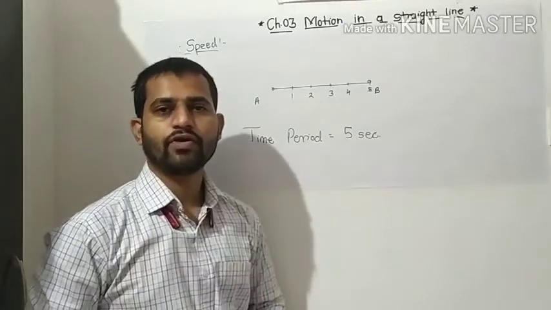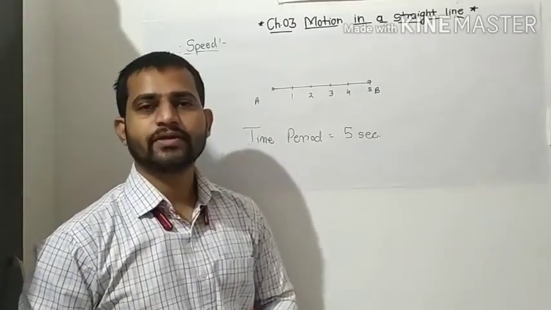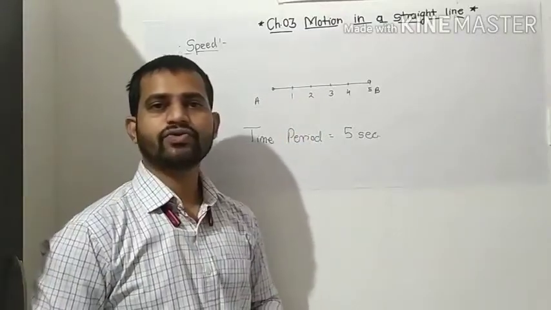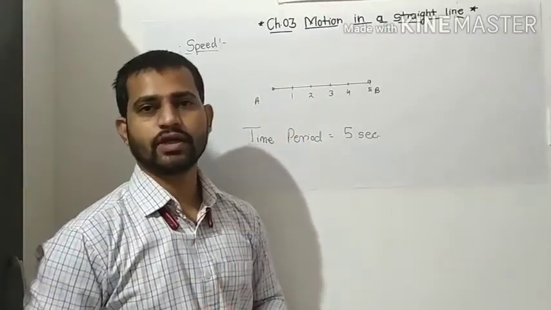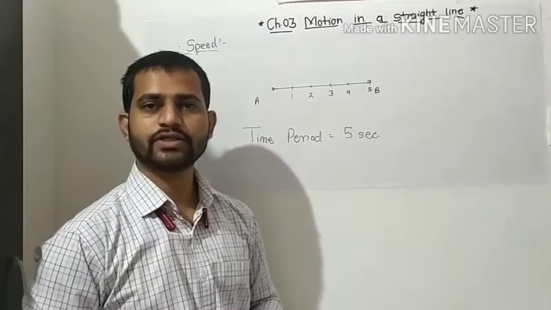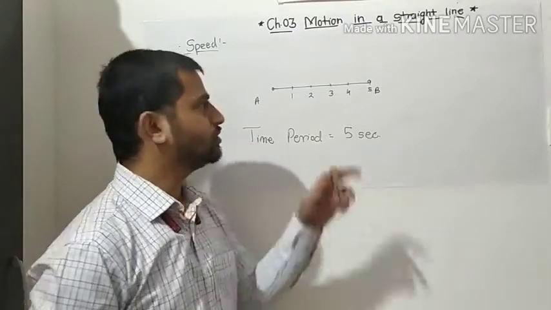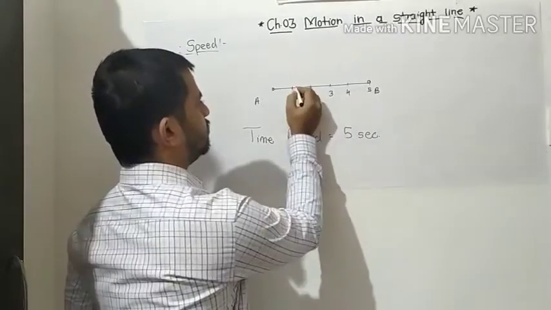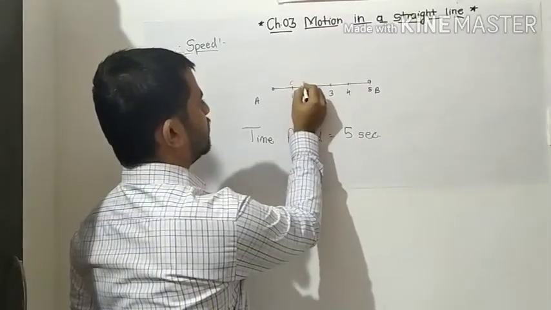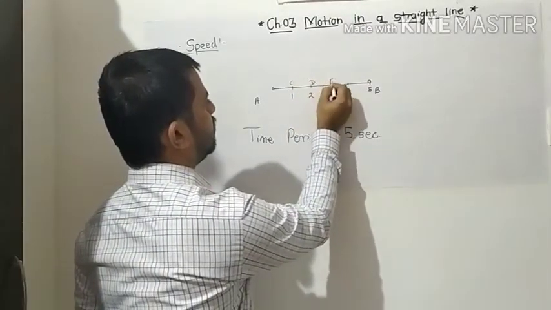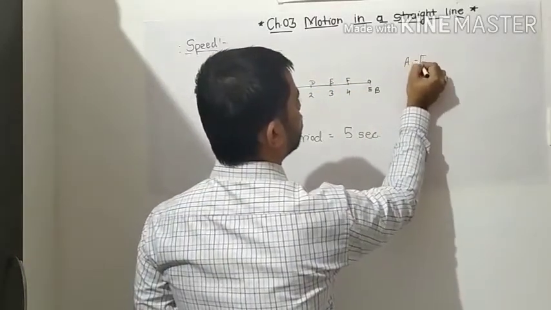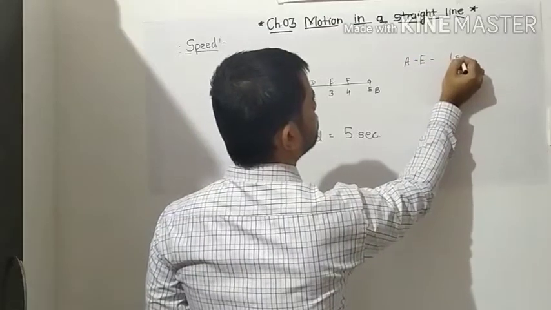Whenever you go for calculating the speed for that particular time period, at that time you have to consider a very small time. Suppose from A to here, suppose I give the names C, D, E, F. Suppose from A to E you require 1 second.